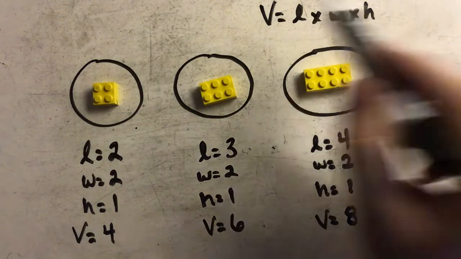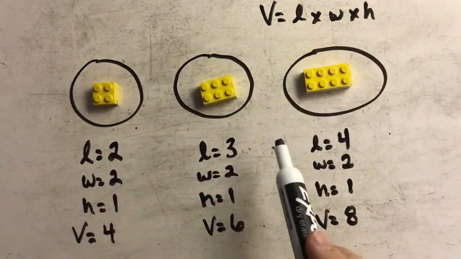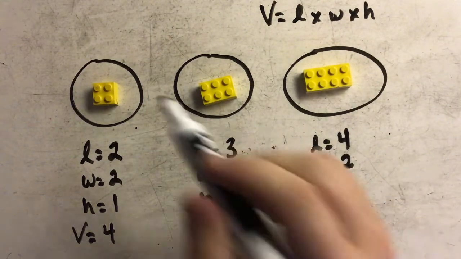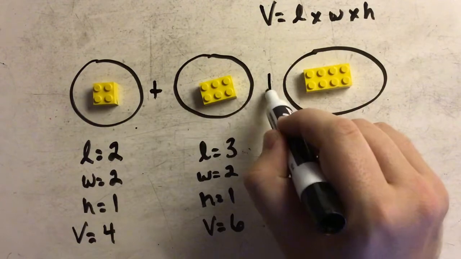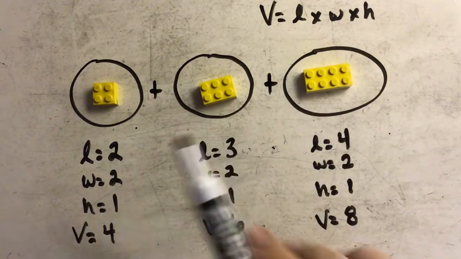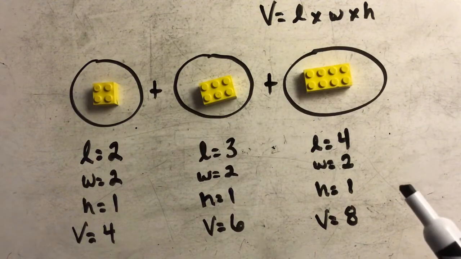Now, we said it's a combined volume, so we're not going to multiply these volumes together. We're going to add them together to find the total volume of the compound figure.